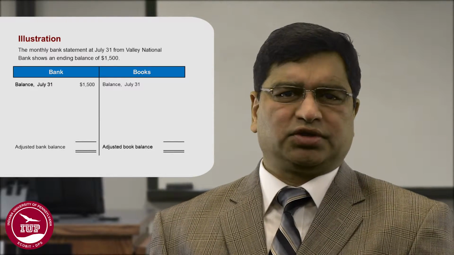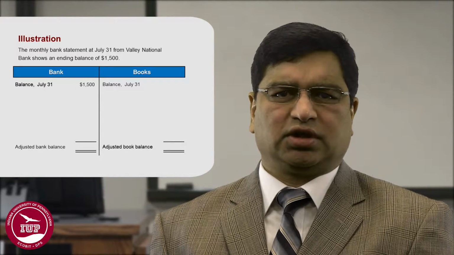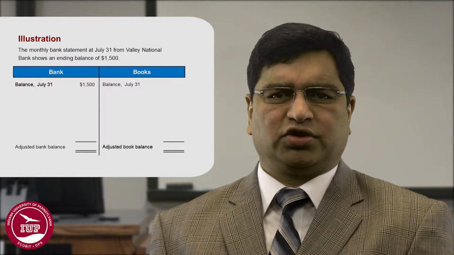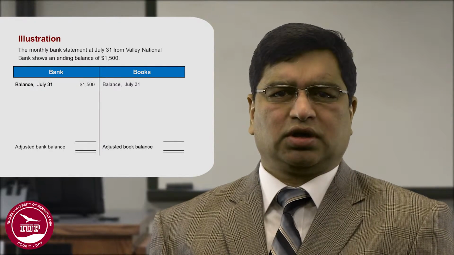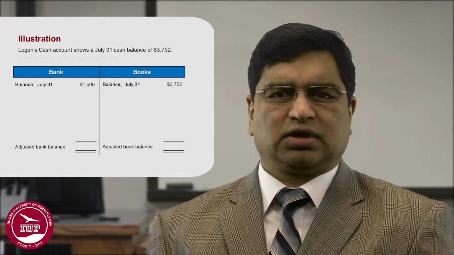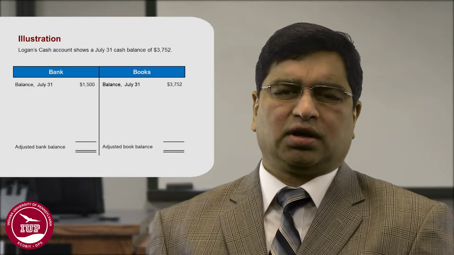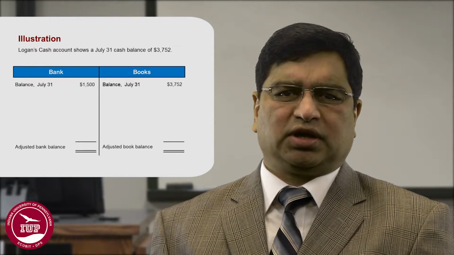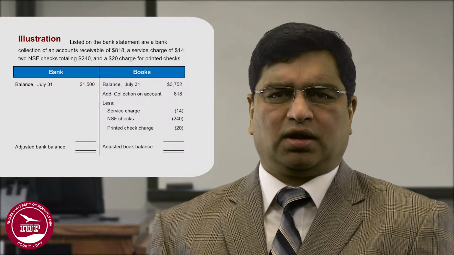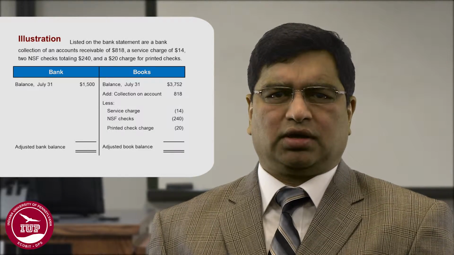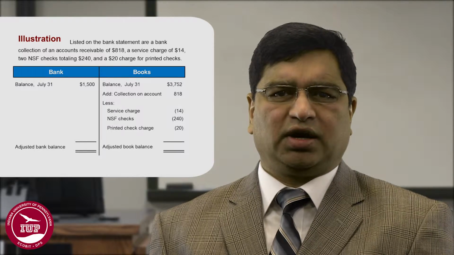So the starting point, as we said, is the bank balance or cash balance in the books, depending upon whichever you want to start with. So Logan's cash balance on July 31st is $37.52, and the bank balance is $1,500. Note over here, there is a discrepancy in the balances. Listed on the bank statement are the following: collection of an account receivable of 818.